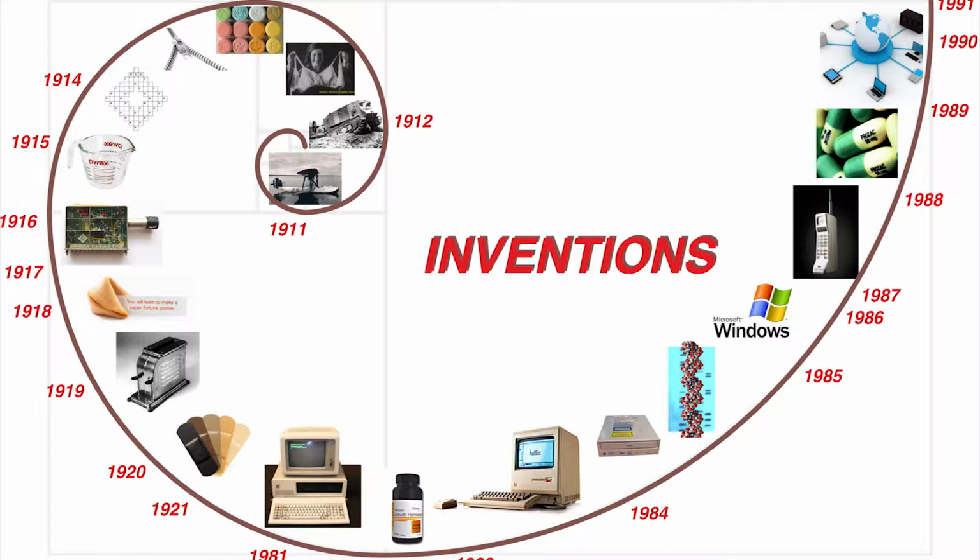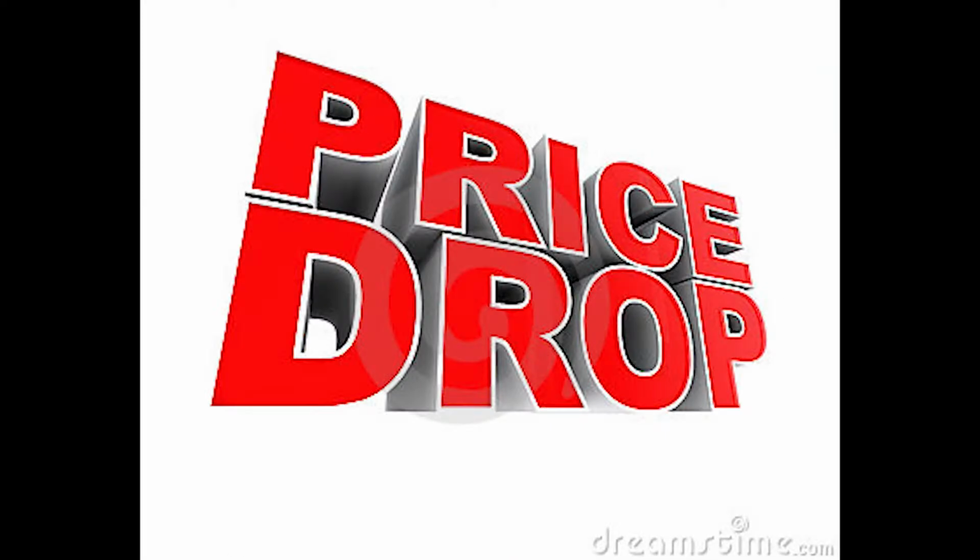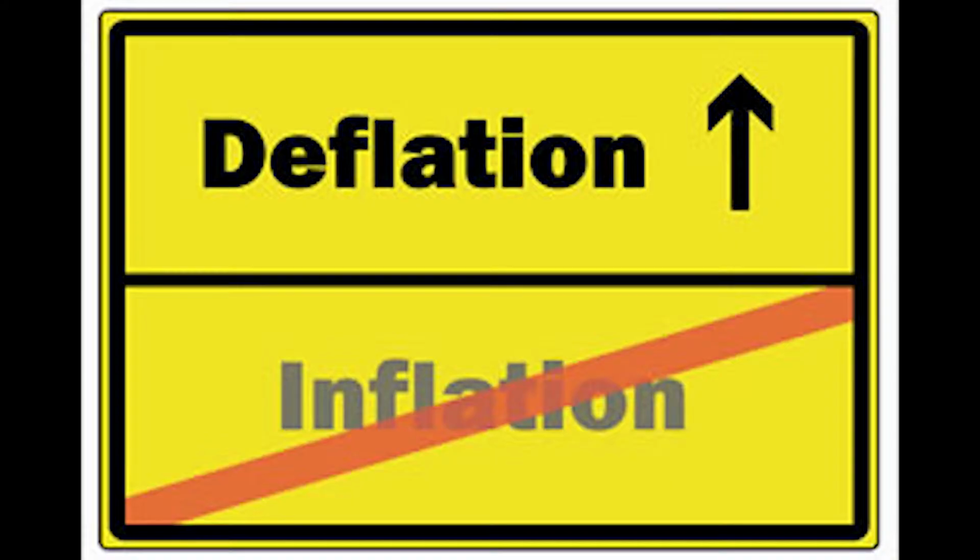And as a result, production becomes more efficient, the products that are made become more effective, and the prices drop. In a time when there's real money and freedom, you have something called deflation, which is a good thing. The cost of things goes down as the number of things available and the quality of things available both go up. That's a wonderful thing.